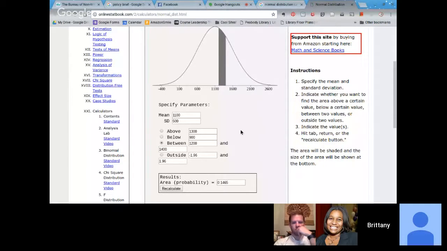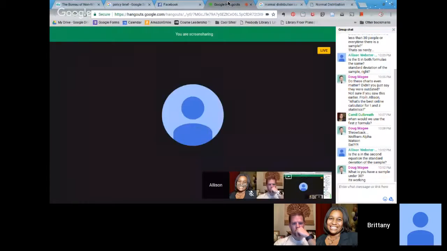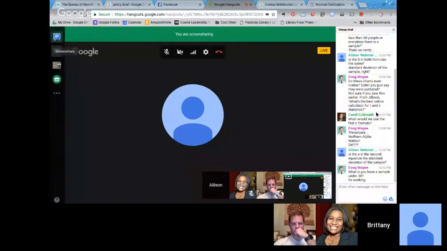Okay. If we were doing this with the table, we would need to find the z-score for both of these values. We would need to figure out how far they were from the mean, and we'd have to find out what's left over. And you remember the process from class. I actually don't teach it, and so I'm not sure of the exact steps.